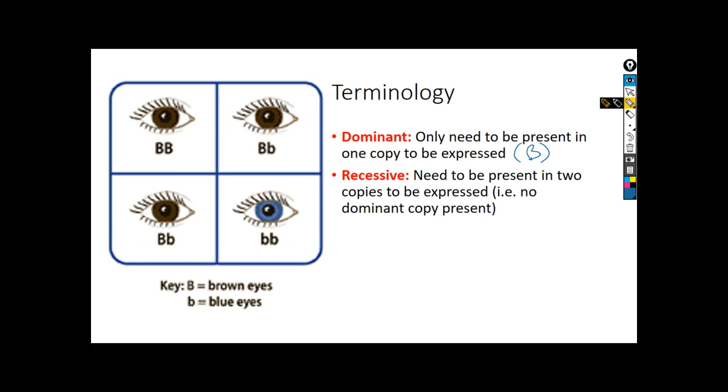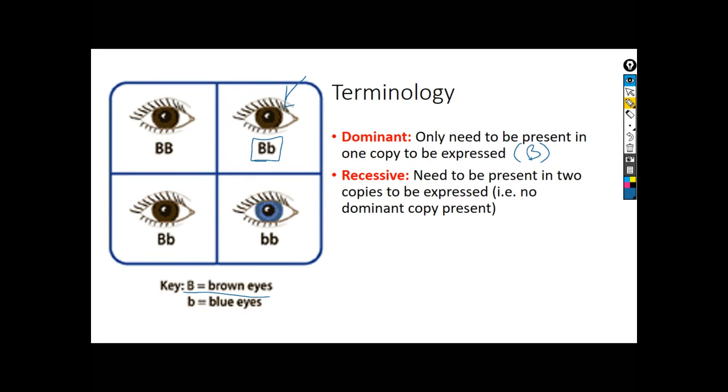So if we look at a situation like this, where we have only one dominant, we see that we're getting the dominant expression because it's so loud.